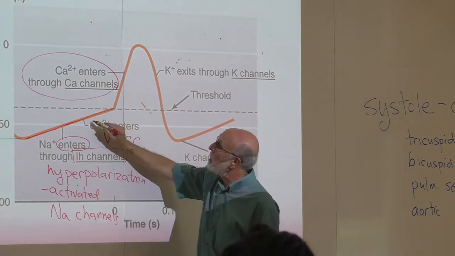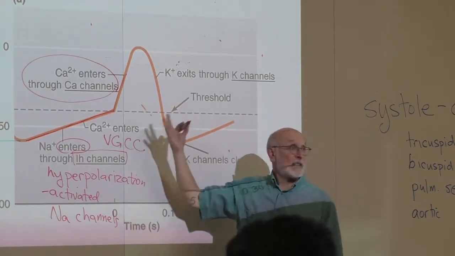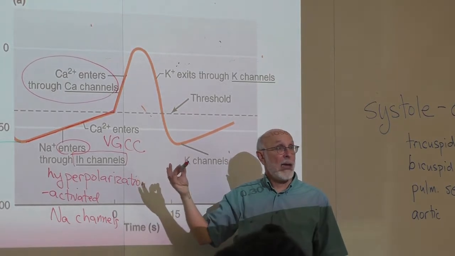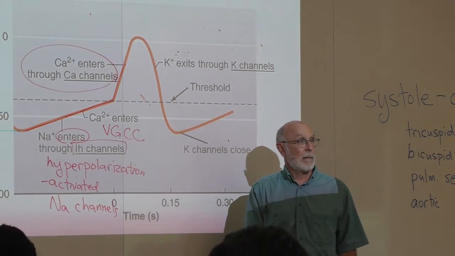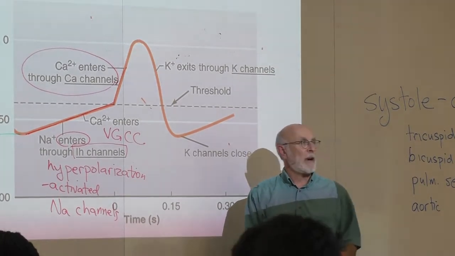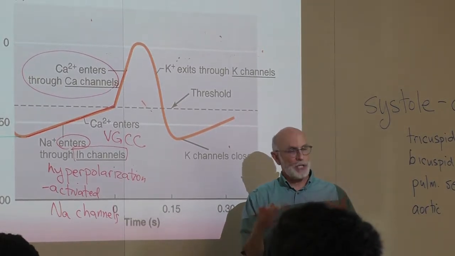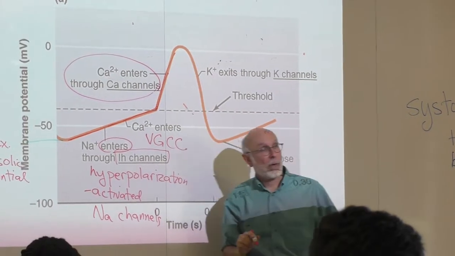We go from a slow depolarization to a fast depolarization. Now this is an action potential, and calcium is flowing in. And these pacemaker cells are contracting, but we don't care about their contraction. That's not their job. Their job is pacemaking. But it's firing an action potential.